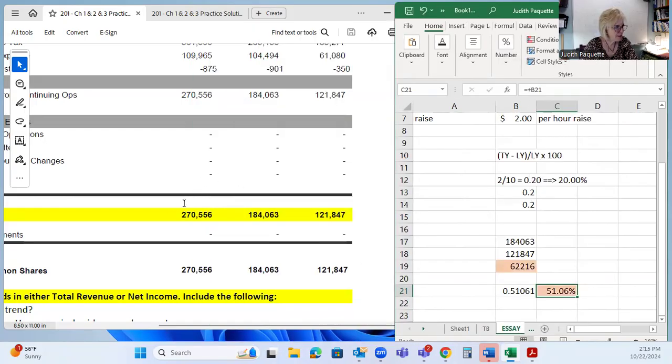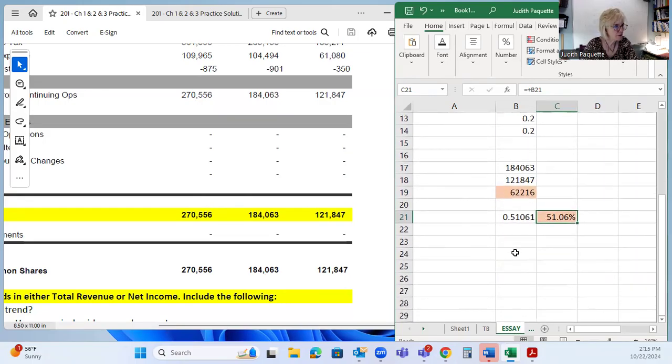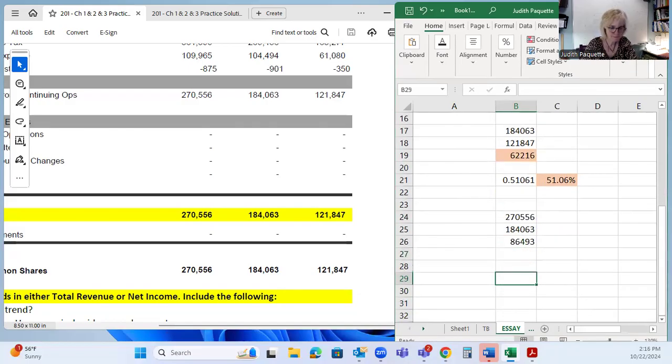If you did it again between year 2012 and 2013, you'd say 270,556 minus 184,063. You'd subtract and you'd get 86,493. And then you'd say, take that 86,493, divide it by last year.